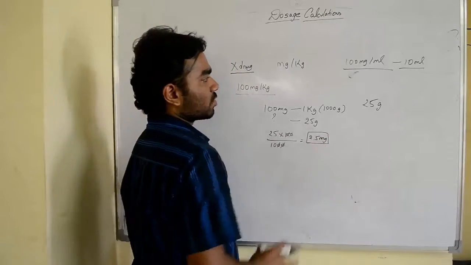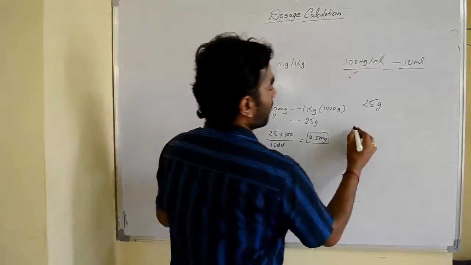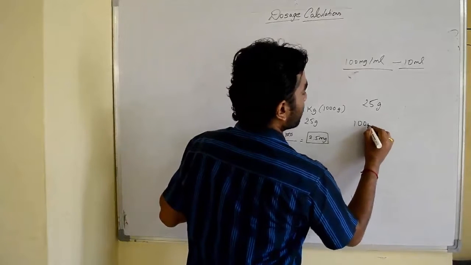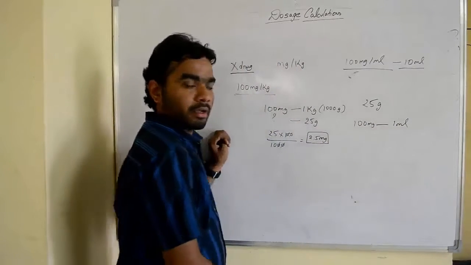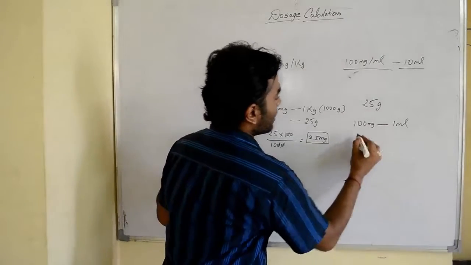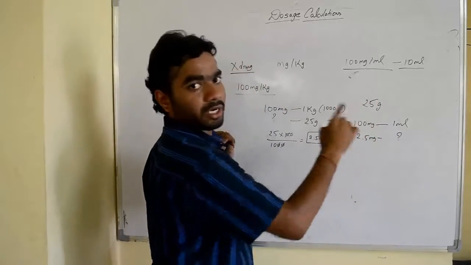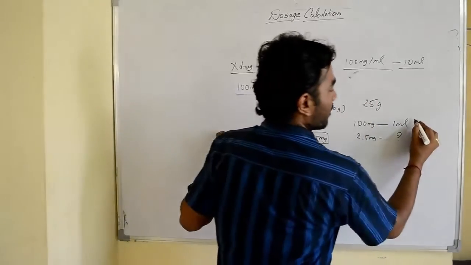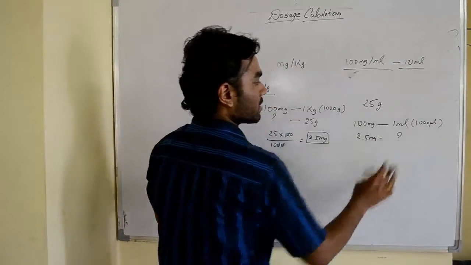So how do I take this 2.5 mg? I prepared a stock here. 100 mg is there in 1 ml. You are understanding? 100 mg is there in 1 ml. So I need 2.5 mg. So how much quantity should I take? 1 ml is 1000 microliter, and for simplification, I am writing it this way.